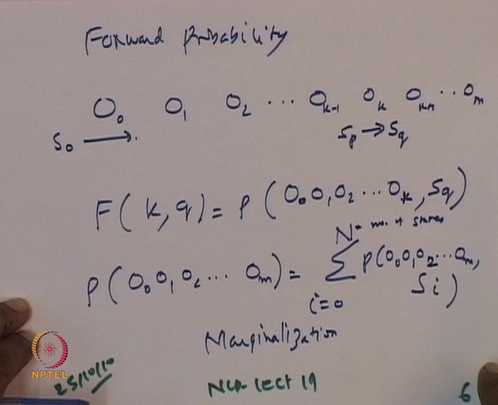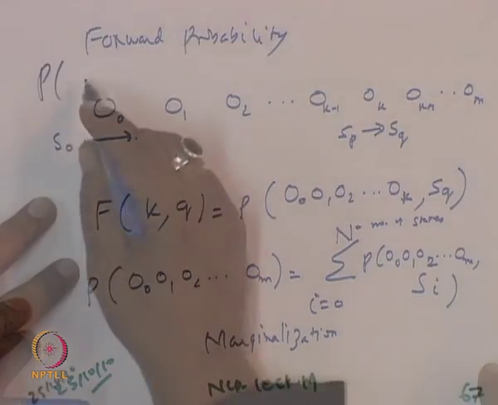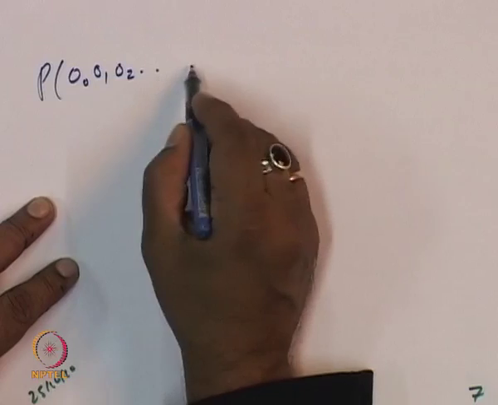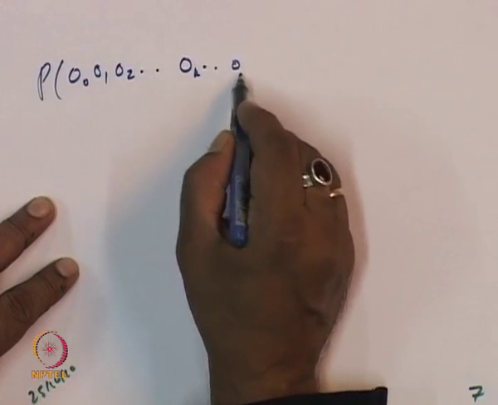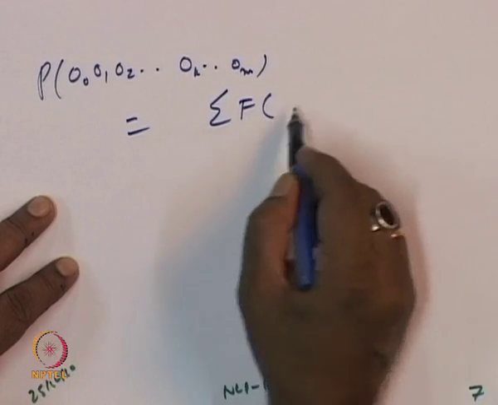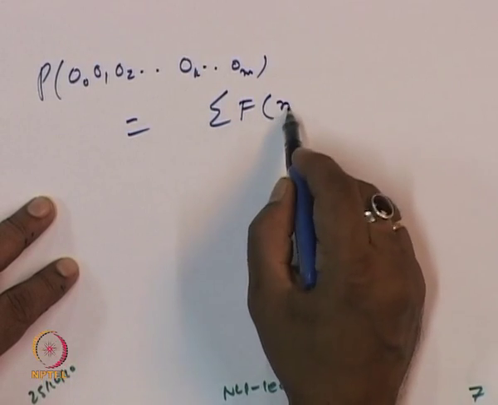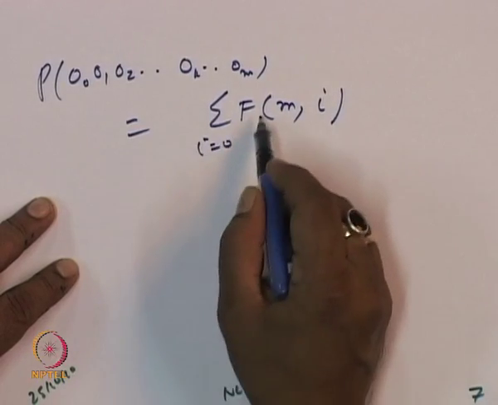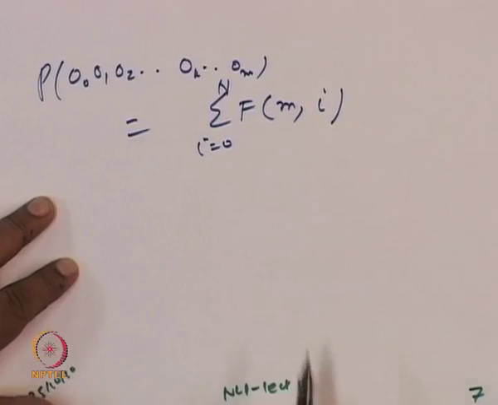This means that the final output probability, the probability of the output sequence O naught, O1, O2 up to O m, is nothing but the sum of f m i, for i equal to 0 to n.